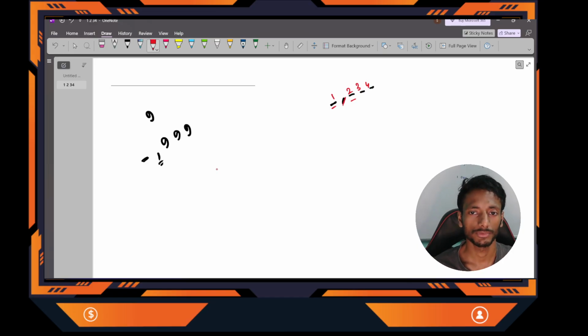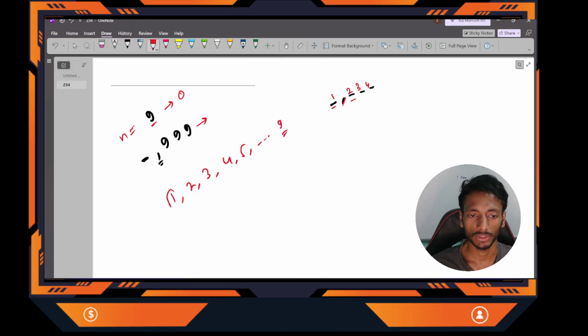Now let's try to observe the output. Suppose we have only one digit, we cannot place any comma here. So here the output is 0. That means if n is equal to 9, our numbers start from 1, then 2, 3, 4, 5, 6, and it can go up to 9.